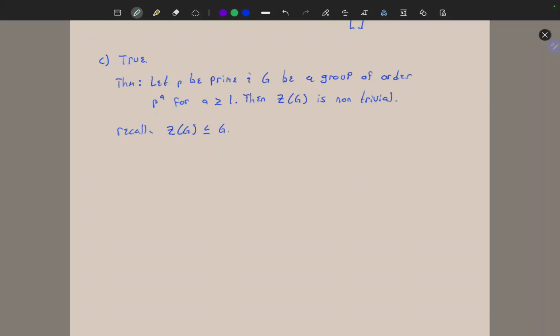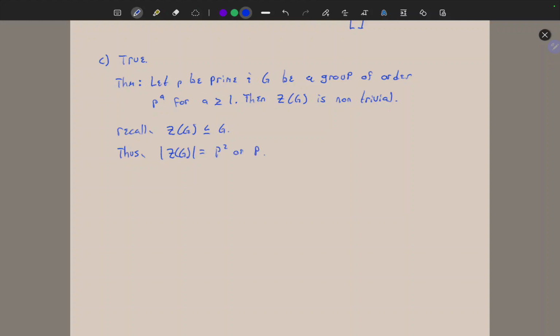But this statement eliminates the possibility of 1 because it says that the center is non-trivial. So it's not going to be 1. So we have two cases. It's either P squared or P. So thus, the order of the center is P squared or it's P.